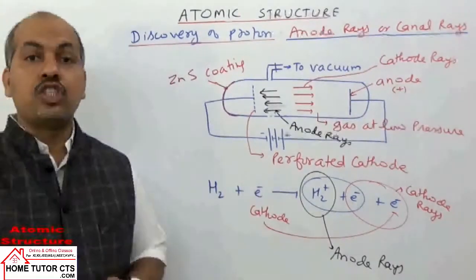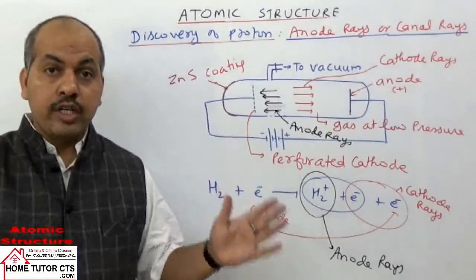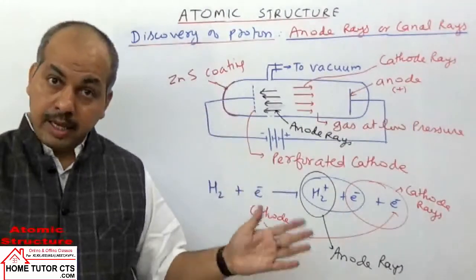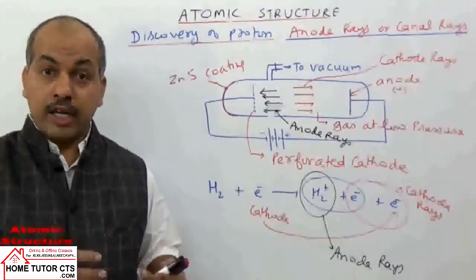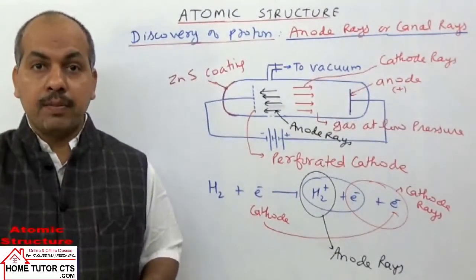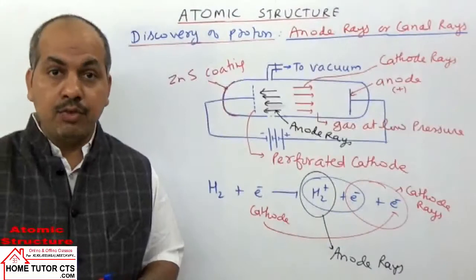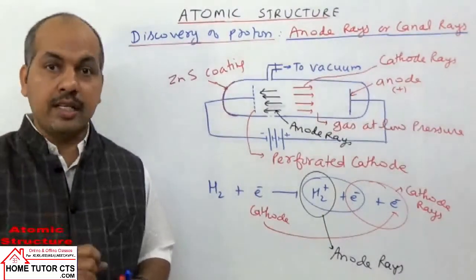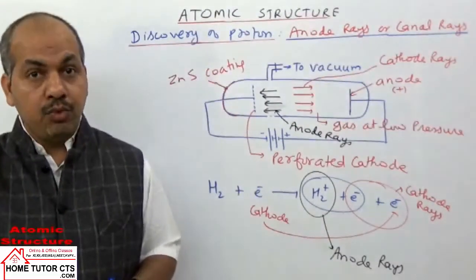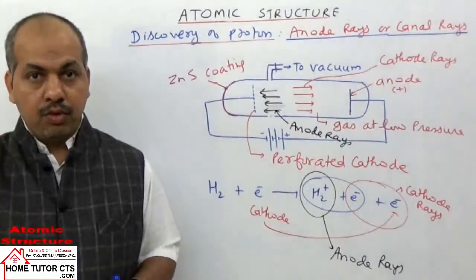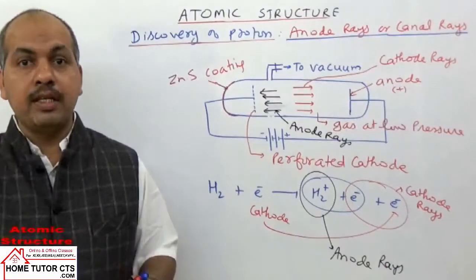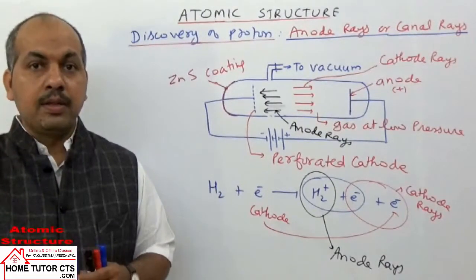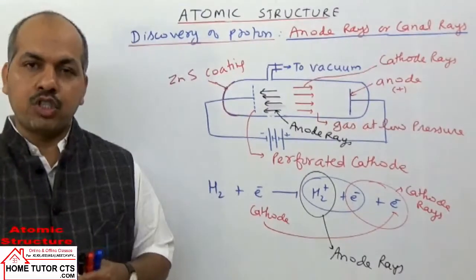And then the charge. Anode rays have positive charge. It is explained by the same point: they show deflection toward the negative plate on application of an electric field, and in the magnetic field they show deflection which is expected from positive particles.